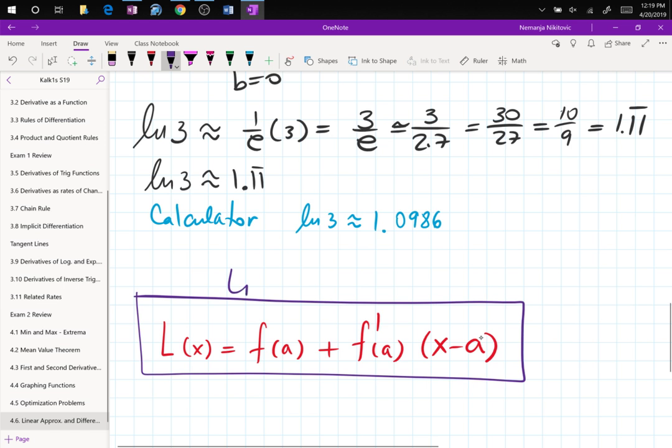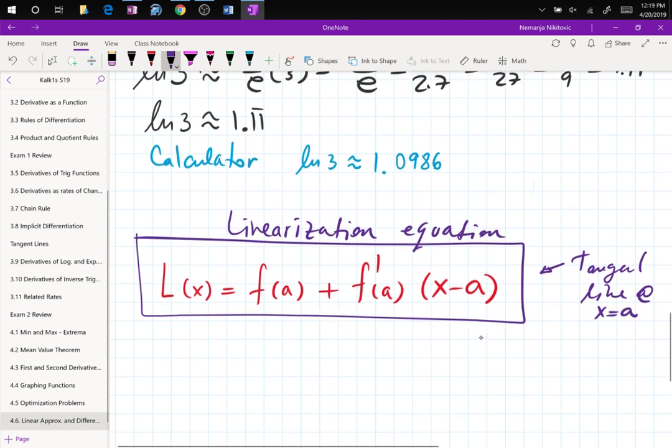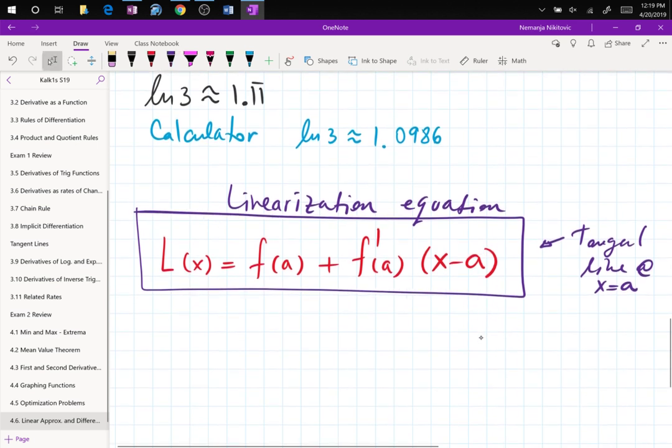We call this the linearization equation, but all it is is the tangent line at x equals a. So it's a one-liner for your line. And I just want to jump into the homework and pick up an example so we can use this formula.